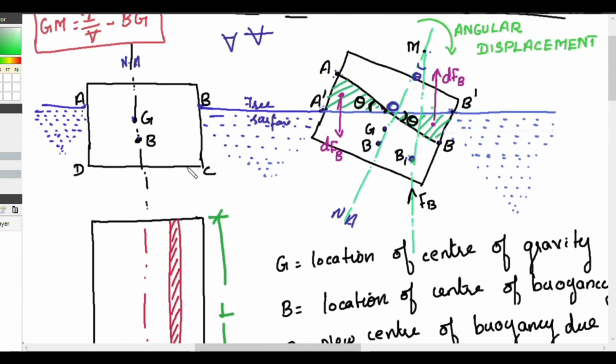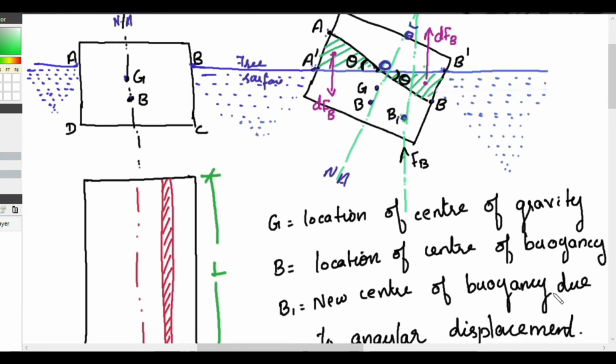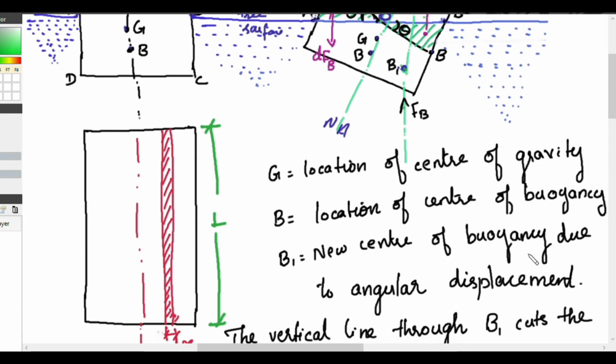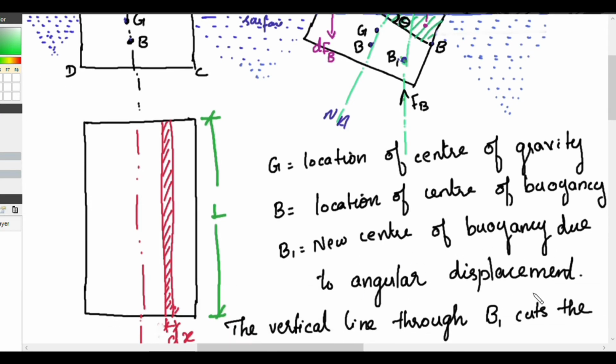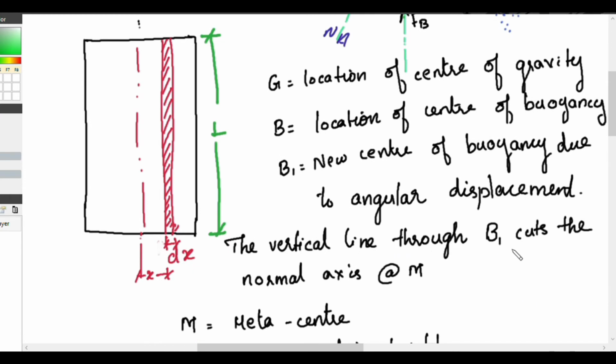B is the location of center of buoyancy. B1 is the new location for center of buoyancy due to angular displacement. Now, the vertical line through B1 cuts the normal axis at M.